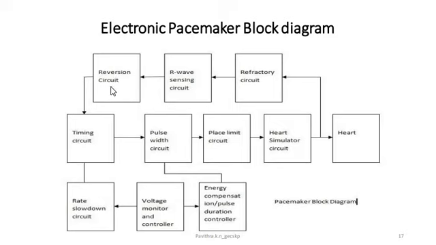So if no R wave input is obtained from the R wave sensing circuit, then it allows the oscillator to generate pulses at the rate at which the oscillator is developed. That is the purpose of this reversion circuit.